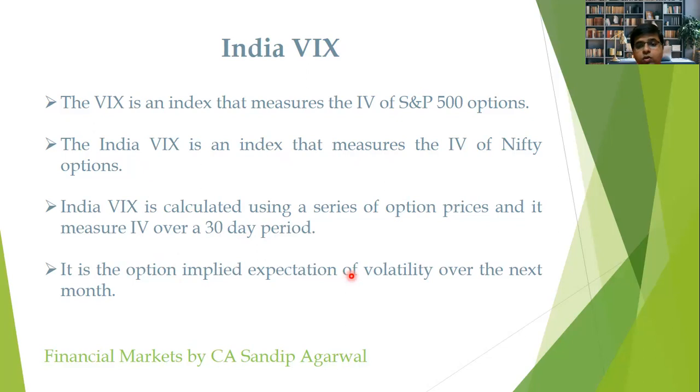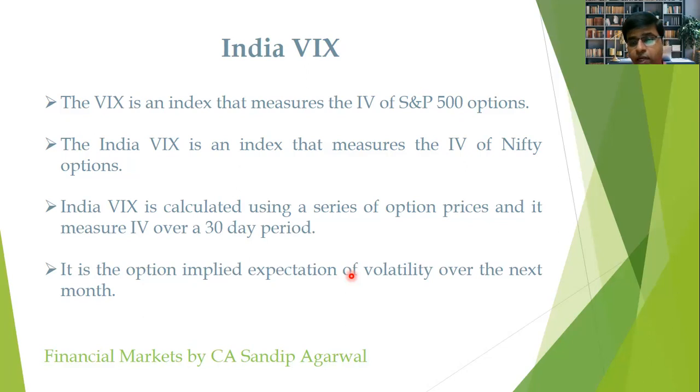Just to give you a brief idea, say the IV is 30% and the current price of the Nifty is 17,300. It means that the market is expecting Nifty to move in a range of plus minus 30% from the current 17,300 over a period of the next 1 year. 30% of 17,300 comes out to around 5,200.